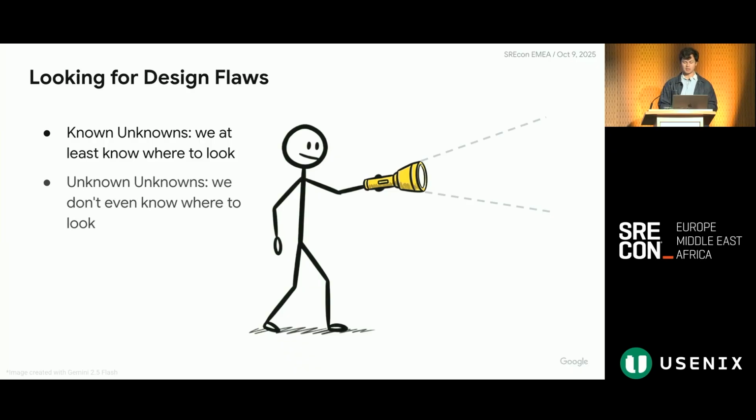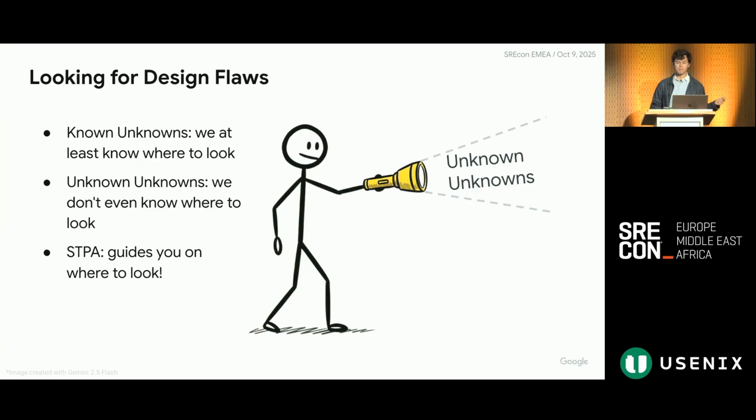And those are the unknown unknowns. However, now we have a method for illuminating that space, okay? STPA is kind of like having a flashlight and being told where to point that flashlight in order to illuminate this space of unknown unknowns so that you can start reducing your risk exposure.